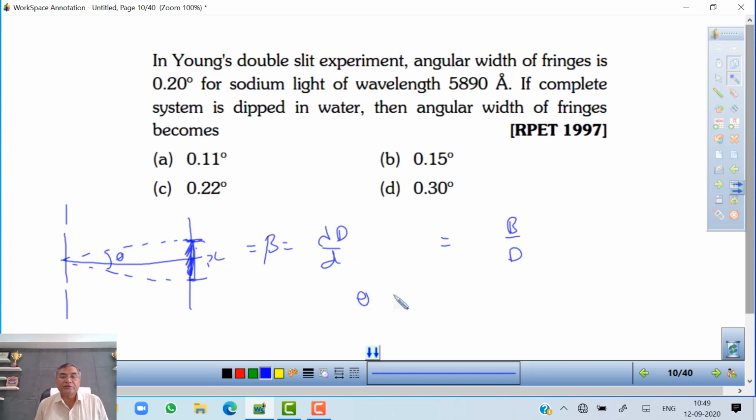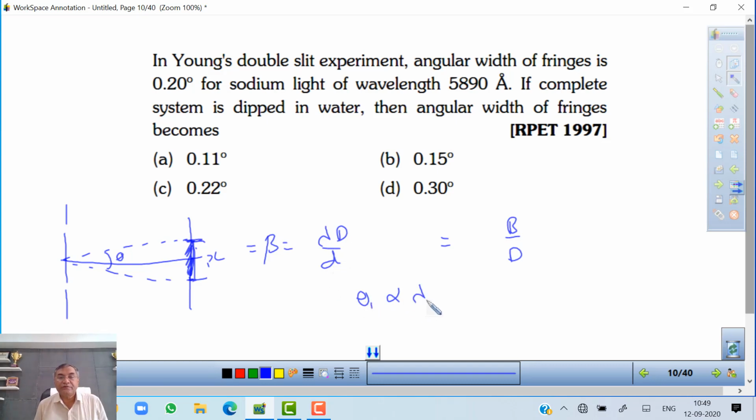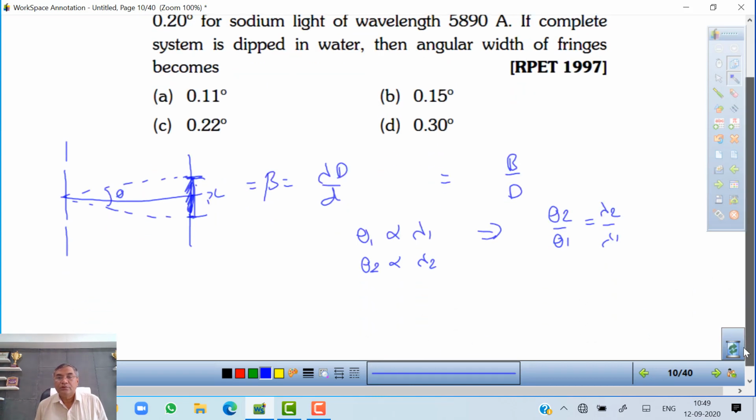So we can say theta is proportional to wavelength because d is constant. So theta 1 then lambda 1, if theta 2 then it is lambda 2. So we can write theta 2 upon theta 1 is equal to lambda 2 upon lambda 1. What is lambda 2? So theta 2 lambda 2 is equal to lambda 1 upon refractive index, into theta 1.